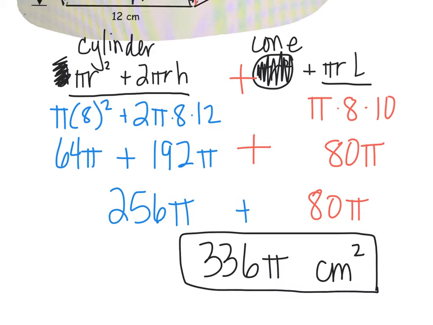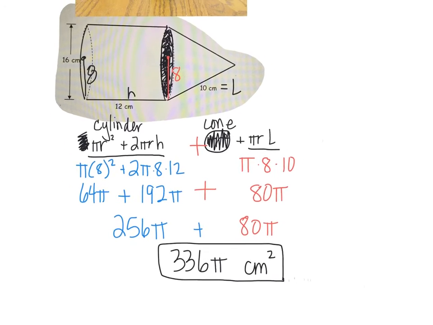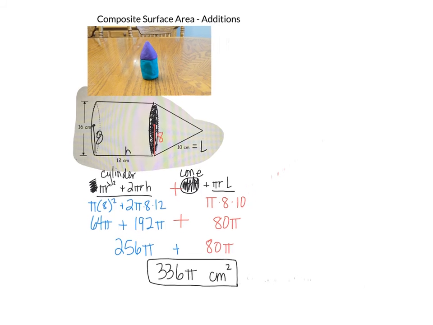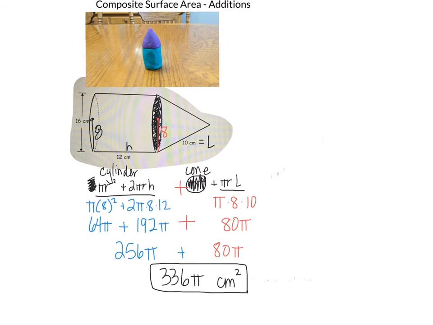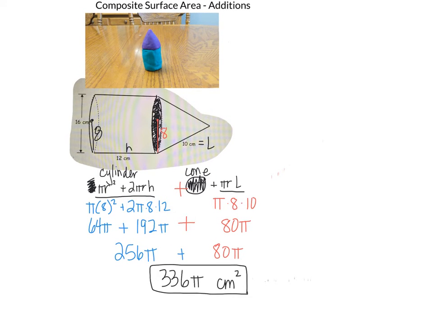Giving you all that information. So pi r squared plus 2 pi r h, and then pi r l, and then we get 336 pi for the total surface area of this combined picture.